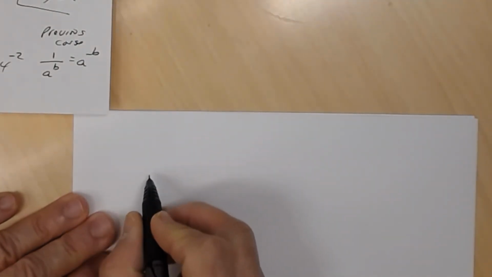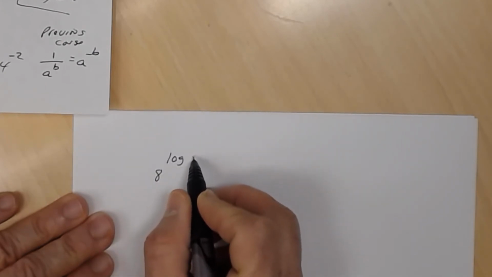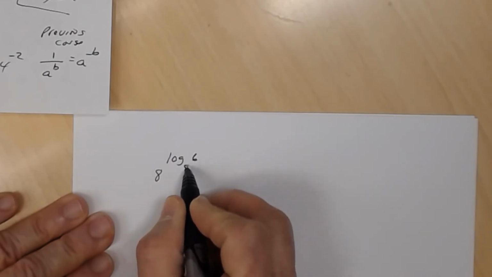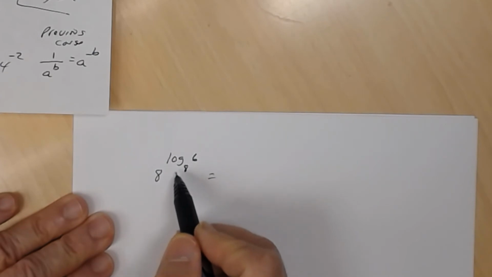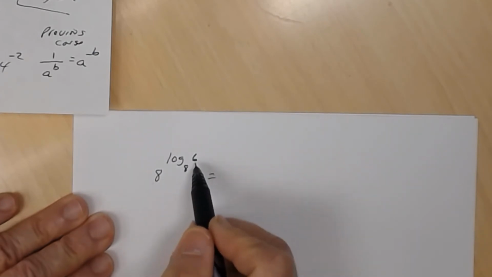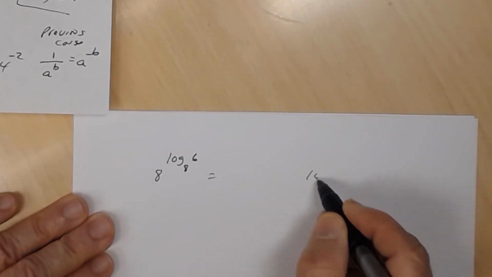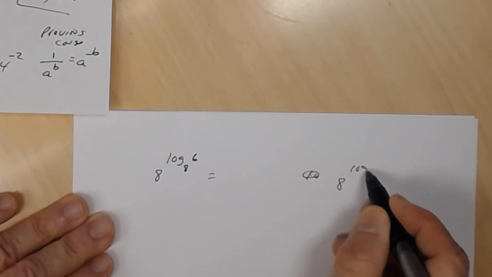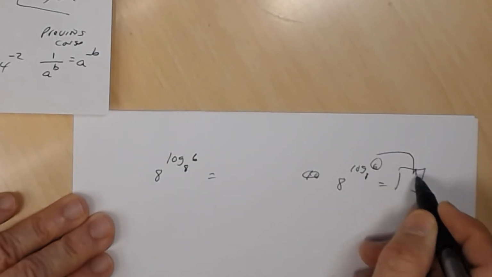If I have 8 raised to the log of, let's say, 6 base 8, what does that equal? The base is the same, this base and this base are the same, so what's the answer? The answer is the argument, 6.